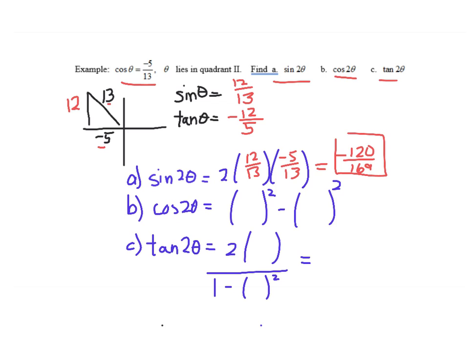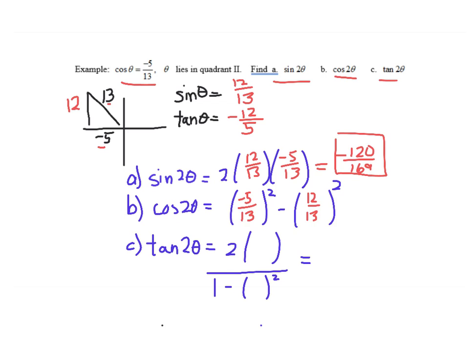Then the cosine of 2 theta, you have your option of using whichever formula you want, all cosines or all sines. I find it easiest to just use the cosine squared minus sine squared, because then the denominators are already the same and you're good to go. Now just remember that anytime you square anything, whether it's positive or negative, it's going to be positive because a negative times a negative is a positive.